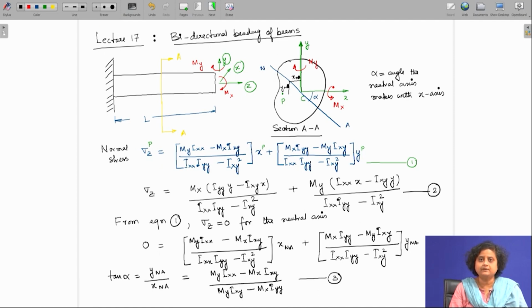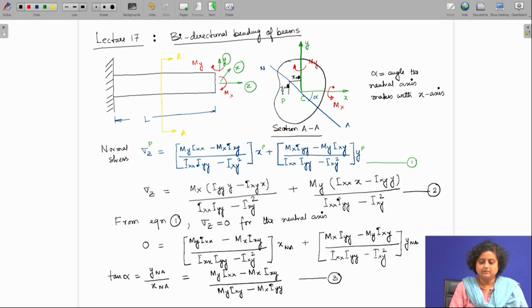If the applied moment changes, then the alpha angle changes. This is very different from the unidirectional bending that you must have studied earlier, where the neutral axis position depended entirely on the cross section of the beam and not on the applied moment.